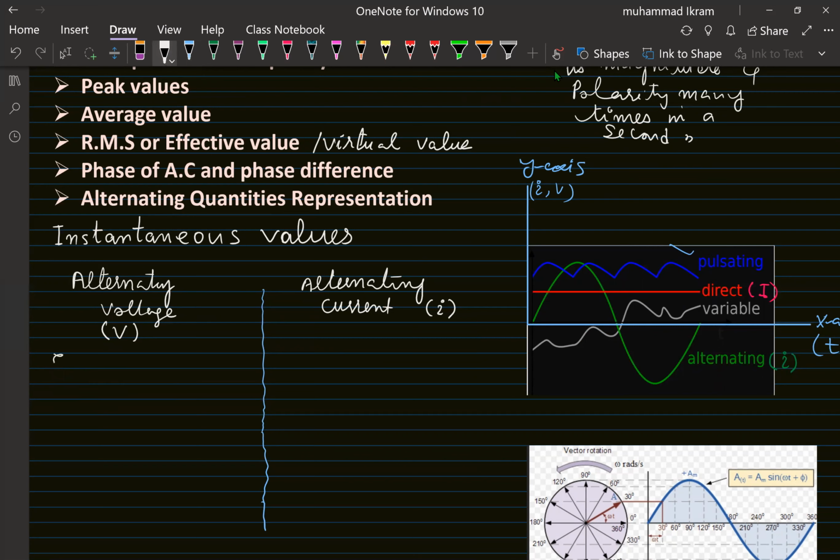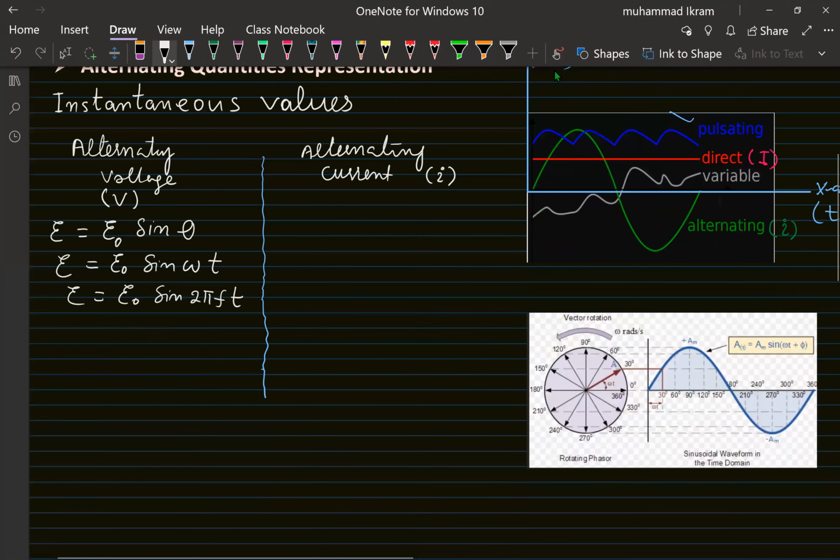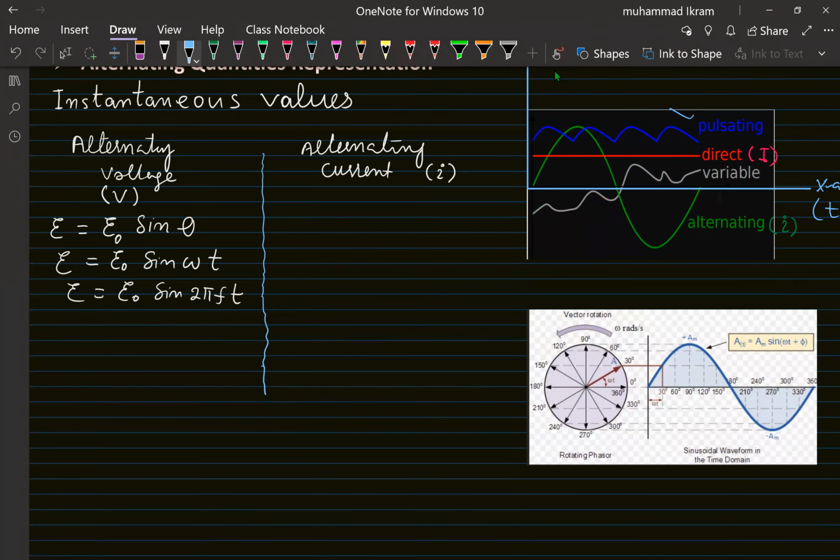The induced EMF was equal to epsilon naught into sine theta, that is sine omega t, or e into sine 2 pi f t. That was when we were studying the production of the induced EMF.